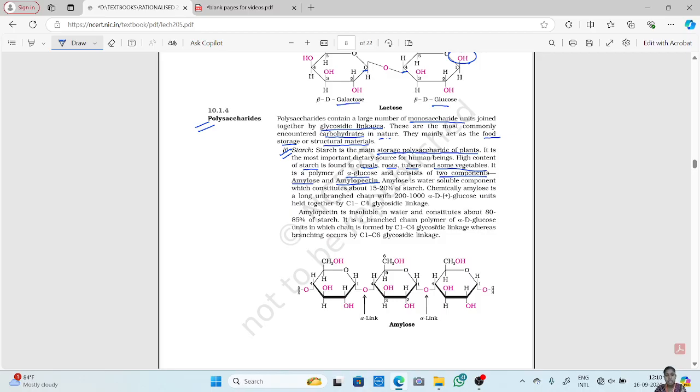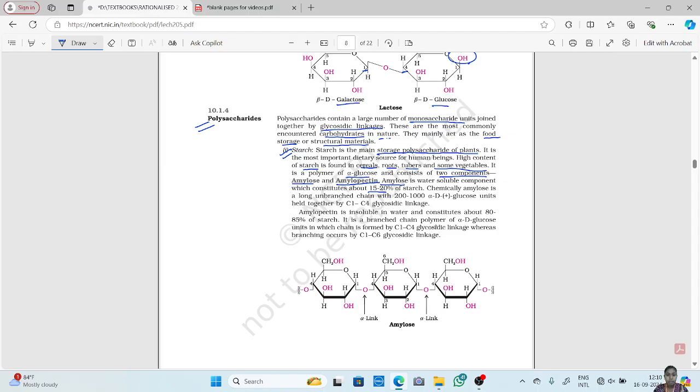Now amylose is a water soluble component which constitutes about 15 to 20% of starch. So in starch, 15 to 20% is amylose, which is a water soluble component.